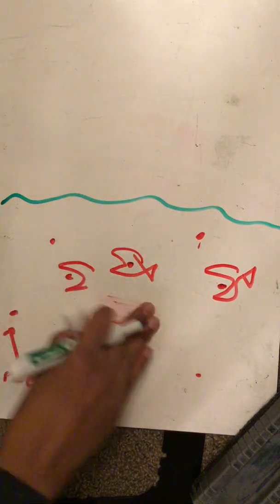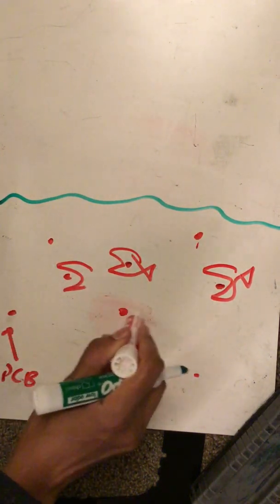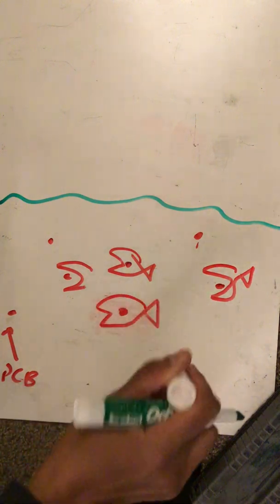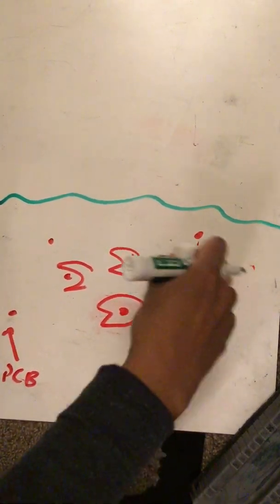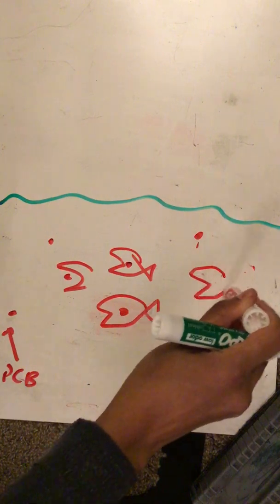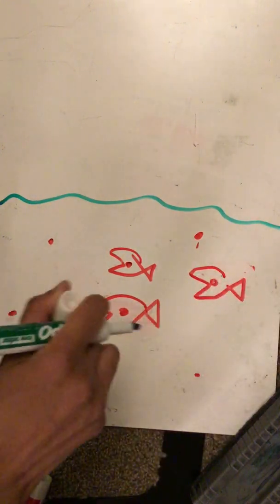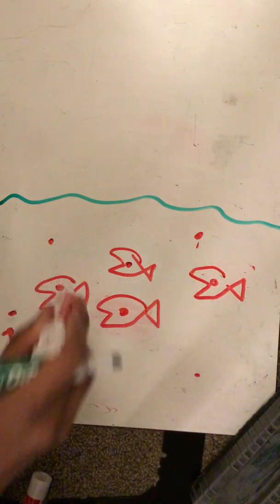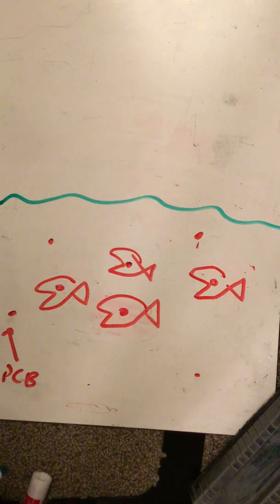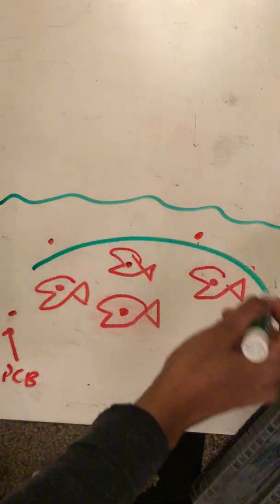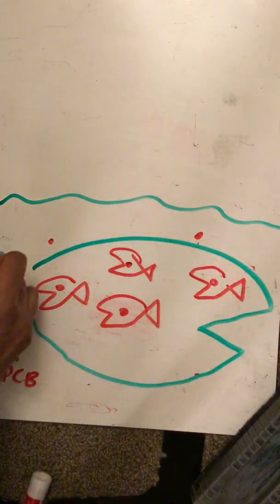You can now see, if these fish ingest these, it's accumulating, right? This pollutant, this PCB is accumulating in their tissue. Oh my God, now they have all these pollutants, right? So what happens if an even bigger fish eats all of these fish?